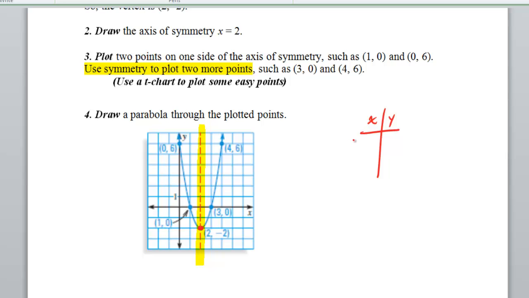And so in this case, I'm going to use 0 and 1. And if I evaluate 0 and 1, I simply get 6 and 0 as my points. And you can see here that I have 2 points on that side. Now, from here, you don't have to evaluate anymore.